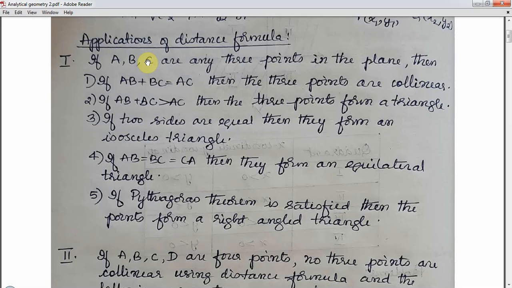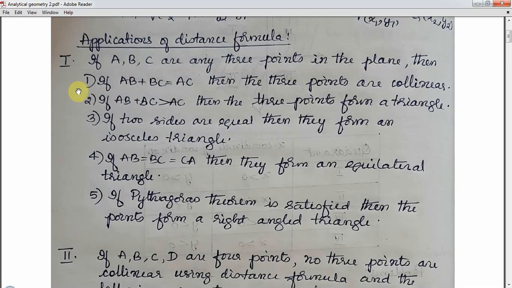Depending on the distance between the points, I can tell whether the points you have marked form a triangle, they lie in the same line, they form a square or anything. Because we have 3 points, the square does not come here. Simply if I mark 3 points on a paper, depending on the distance between the 3 points, I can tell whether they all lie in a straight line or they form a triangle or not.